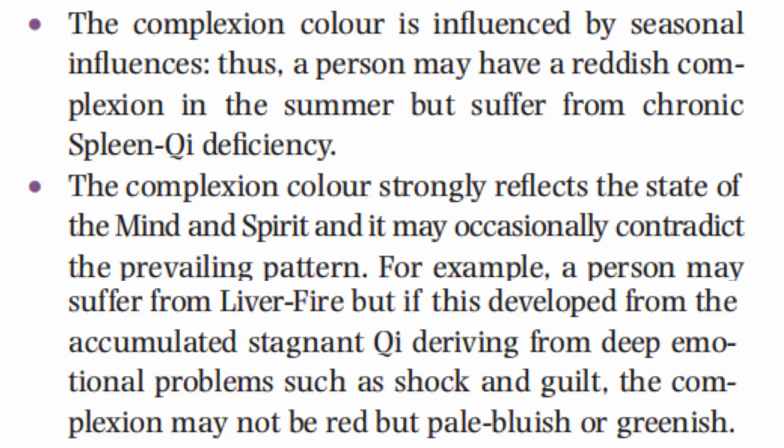For example, a person may suffer from liver fire, but if this develops from the accumulated stagnant qi deriving from deep emotional problems such as shock and guilt, the complexion may not be red, but pale, bluish, or greenish.